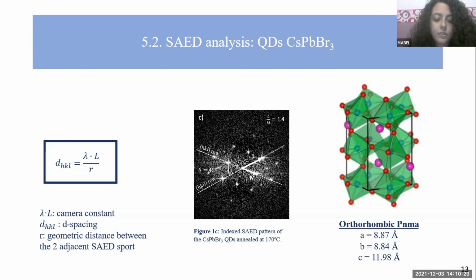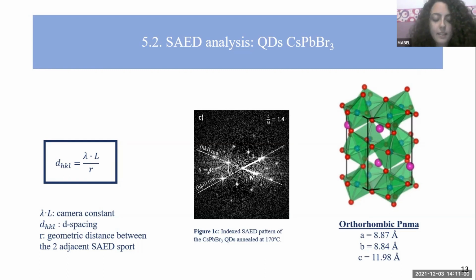Taking this into consideration, and once the camera constant, which depends on the observation conditions, is determined, the d-spacing can be calculated as shown in the expression, where lambda multiplied by L is the camera constant, measured in angstrom per pixel, d is the d-spacing in angstrom, and R is the geometric distance between the two adjacent diffraction spots, here measured in pixels.